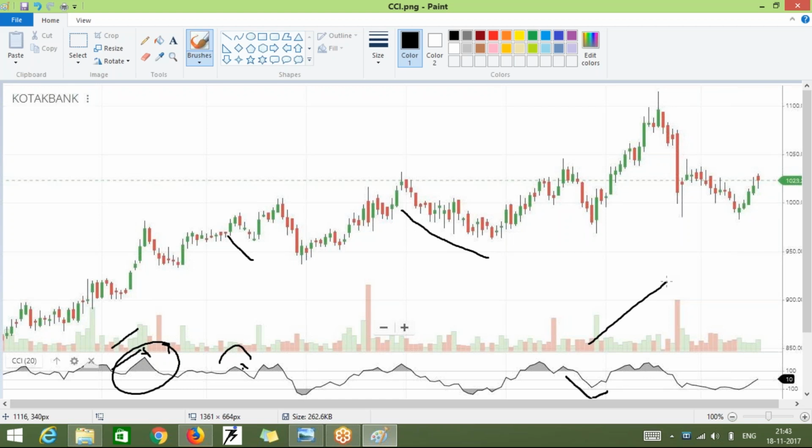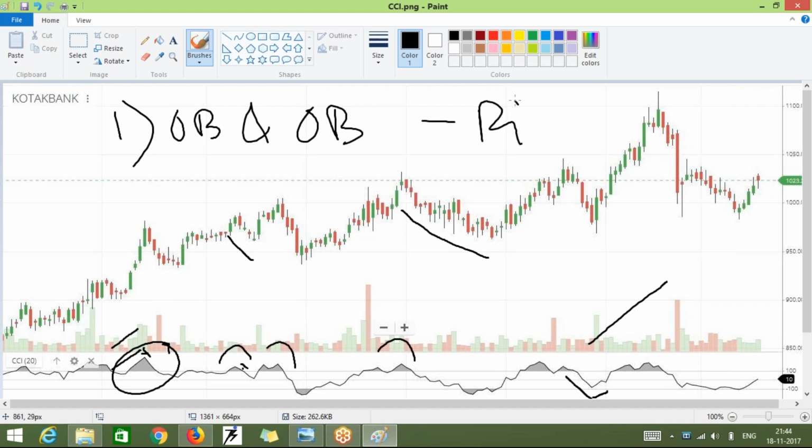Three different ways to trade using CCI. One is the curve, these curves which I was telling, after the curve is formed. The other is the overbought and oversold region. The first one, let me tell you, is the overbought and oversold region. Here the risk is more and reward is also more.